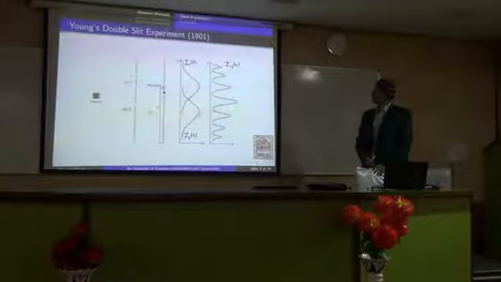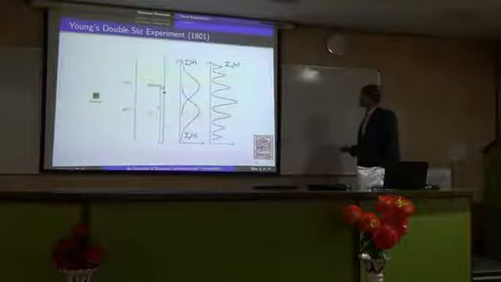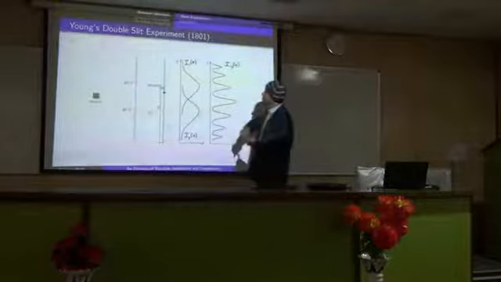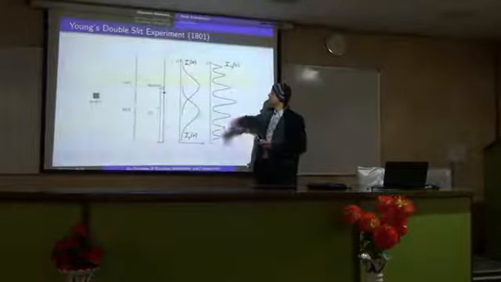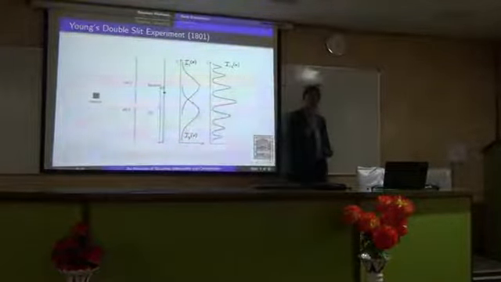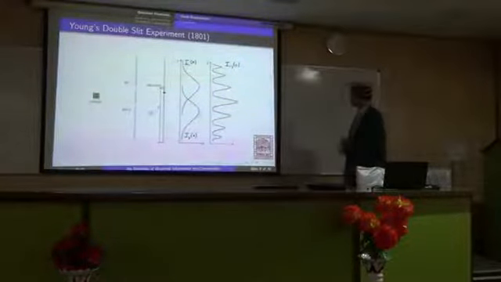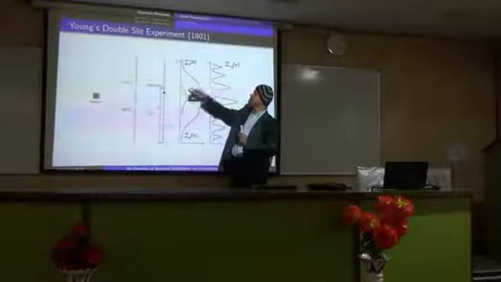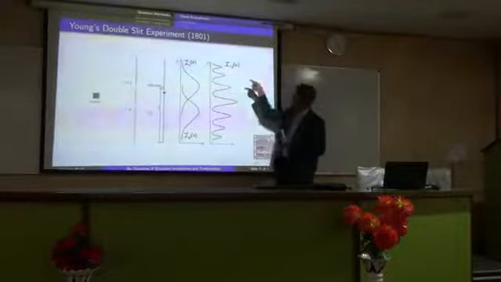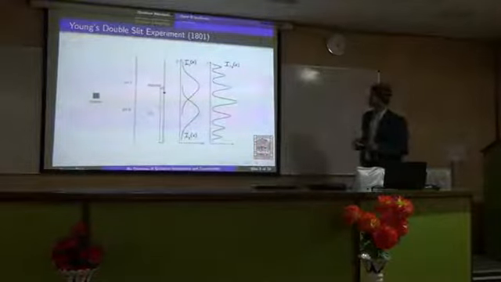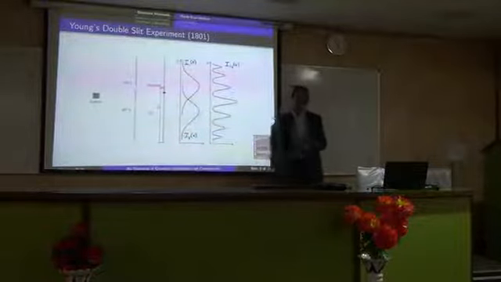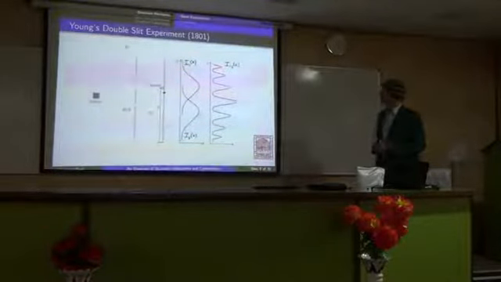When you have a high intensity light, if you stop, say, slit 2, you see this intensity pattern, which is kind of expected. This is intensity at different points. High intensity is represented by high amplitude, low intensity by low amplitude. When you close slit 1 and use only slit 2, you observe this kind of intensity pattern.